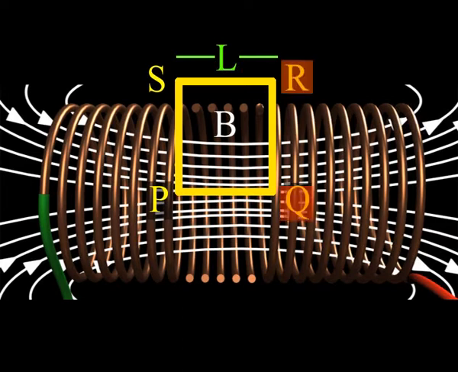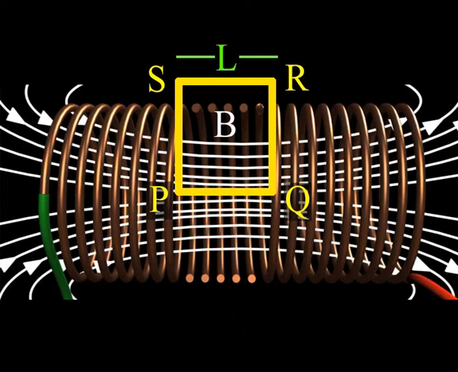As the paths QR and SP are perpendicular to the axis of the solenoid, the magnetic field component along these paths is also 0. Therefore, the paths QR and SP will not contribute to the line integral of magnetic field B. The total number of turns in length L is equal to n into L.